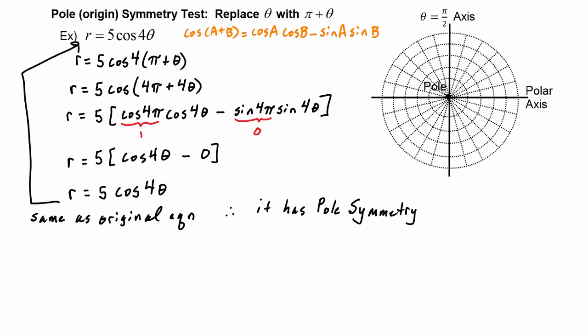Now for pole symmetry, you can think of it much like you did with origin symmetry in the rectangular coordinate system. So if we start with this point here at an angle of theta, think of folding it over the horizontal axis first and then folding it over the vertical axis.